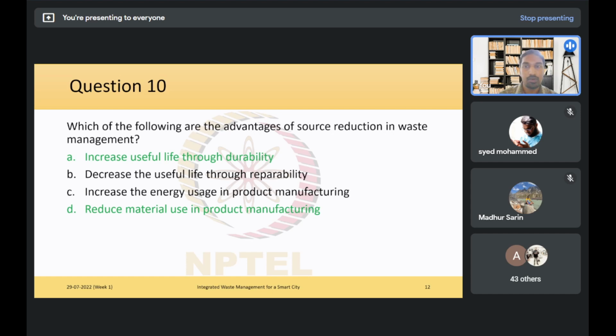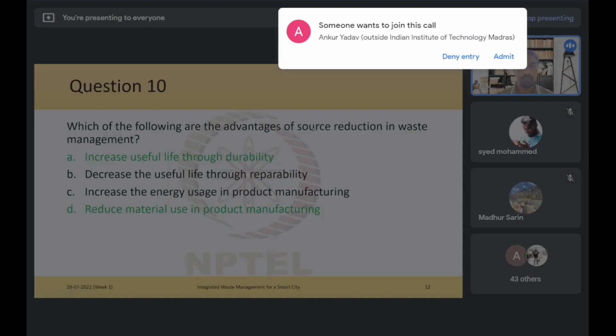So in that case we want to not use more materials in manufacturing it, because it's anyway going to end up in waste. So that is one advantage, we try to use lesser material. The other is from the actual product itself. If you make them durable, its useful life is going to be longer, so we will be using it for a long time before we throw it out, so that we will be generating less waste. Those are the two advantages that come out of these two options.